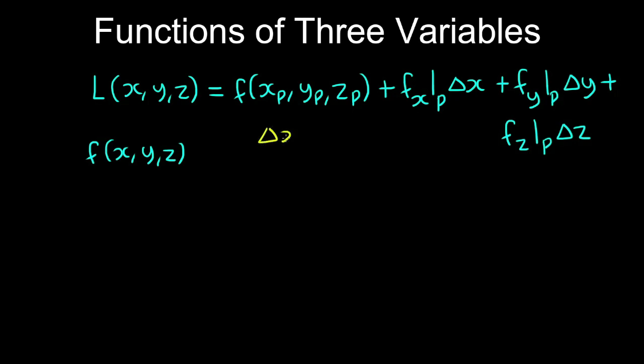So here delta x is x minus xp, and similarly delta y is y minus yp, and delta z is z minus zp.